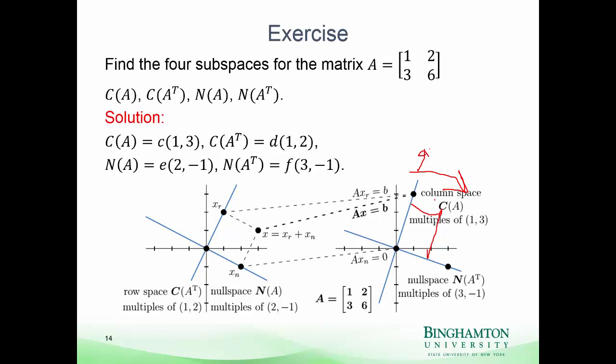That's writing it in terms of one term in the column space plus one term in the left null space. So that's over here on the right side. That's our target space, where A maps things to. Let's go over on this side. There we've got our row space, basis vector of 1, 2.